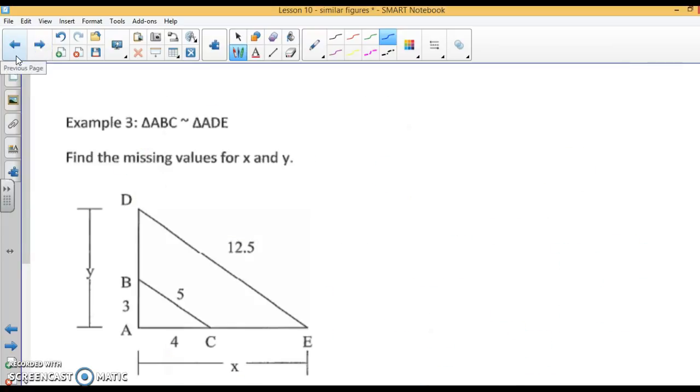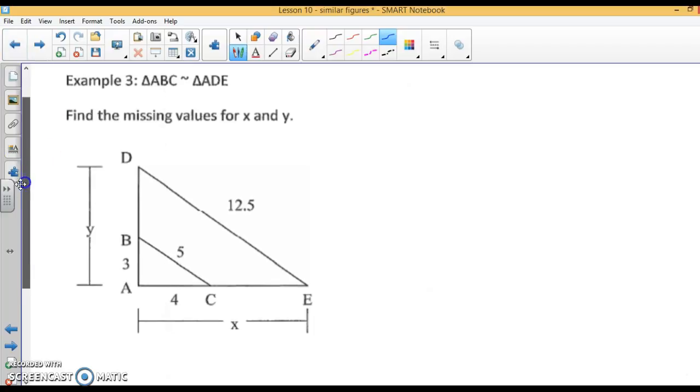All right. Last example: triangle ABC is similar to triangle ADE. I'm going to draw them separately. ABC. So I'm taking the little triangle, which is 3, 4, 5, and writing it there.